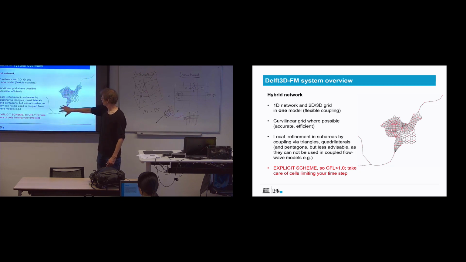So you can have all these different geometries in one grid, and you can always choose the most suitable geometry for the given problem within your model. So here it might be conveyance of your river, and then here it might be floodplain inundation during a high flood peak.